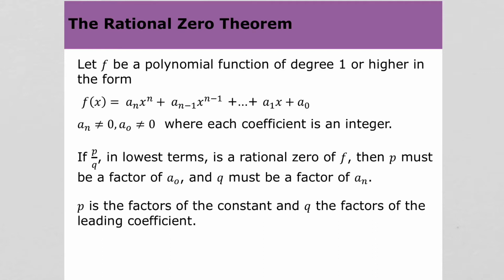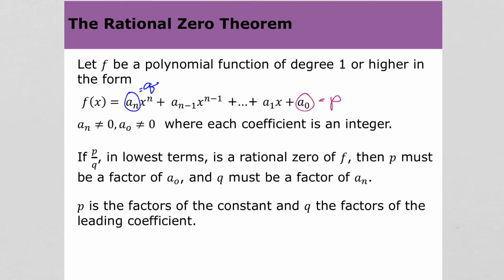If you have a polynomial and you say that P is the factors of the constant, so A naught, and Q is the factors of the leading coefficient, then if P over Q in lowest terms is a rational zero of f, then P must be a factor of A naught and Q must be a factor of A sub n.